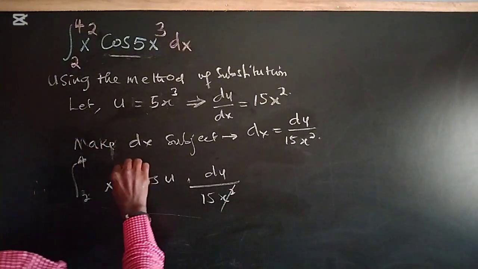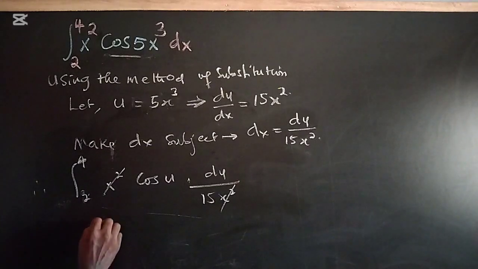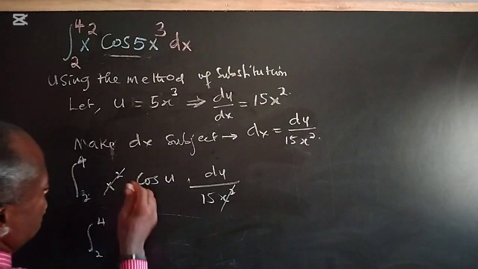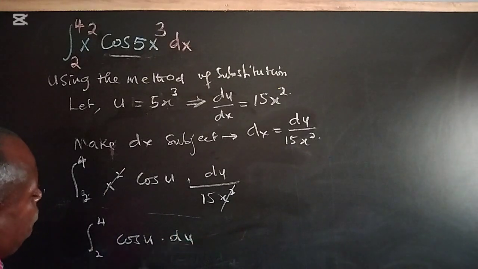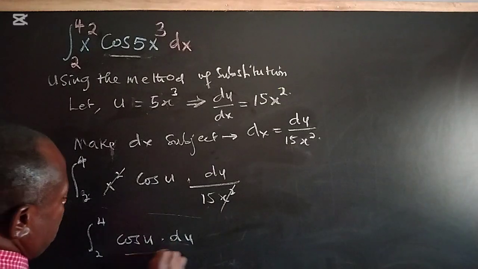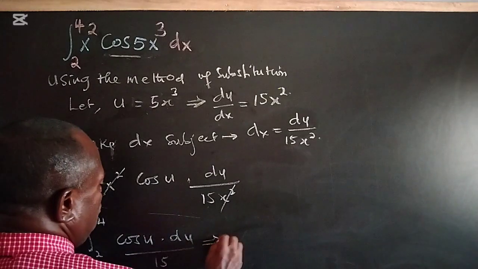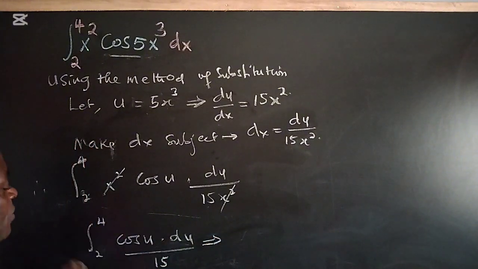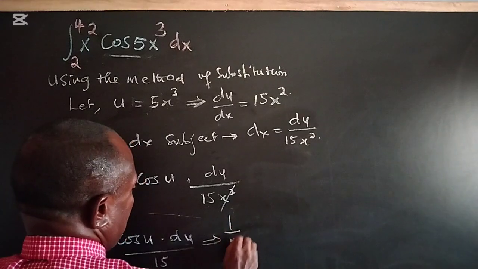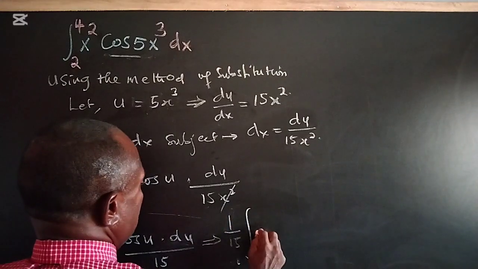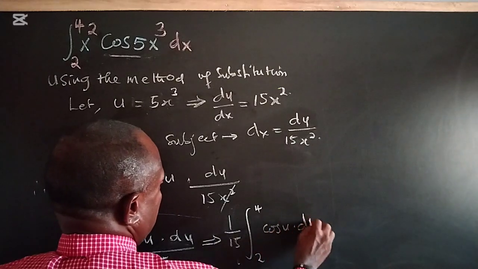So this x squared will cancel this x squared, and our standing expression becomes cos u times du, of course, divided by 15. So we decide to bring 1 over 15 outside of the integral sign. So it looks like this: 1 over 15 integral of 2 to 4, then we have cos u du.